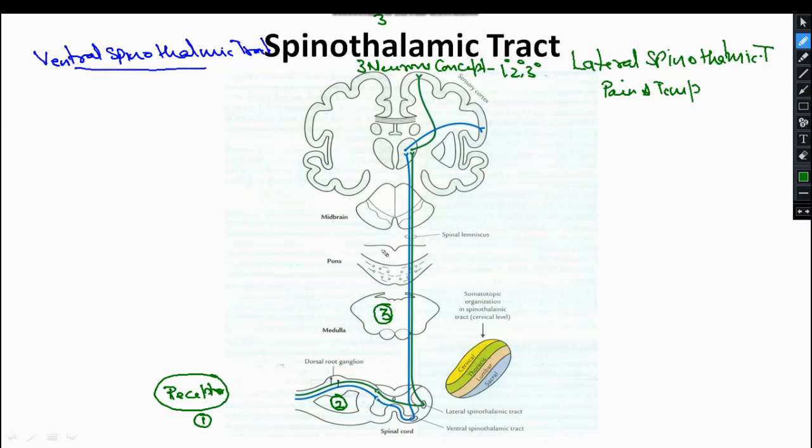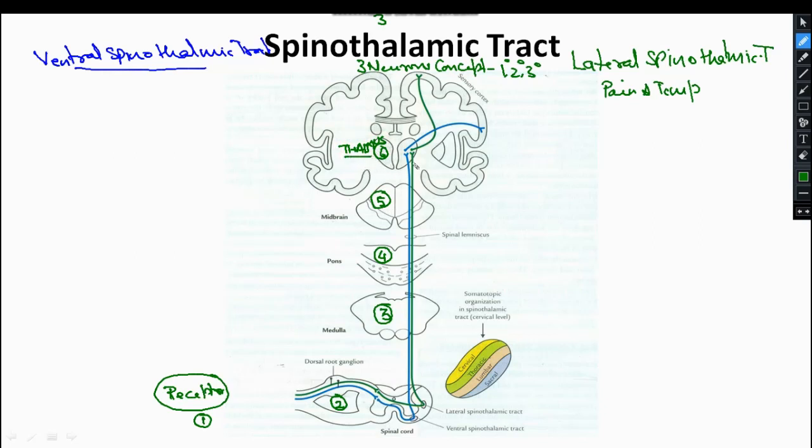Fourth station is the tegmentum of the pons. Fifth station is the tegmentum of the midbrain. Sixth station is the thalamus. Clear?